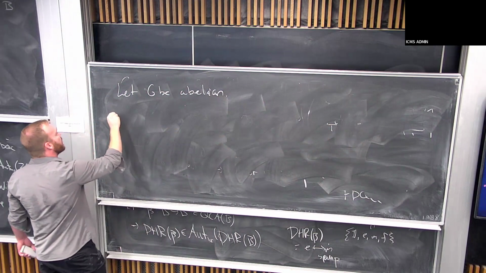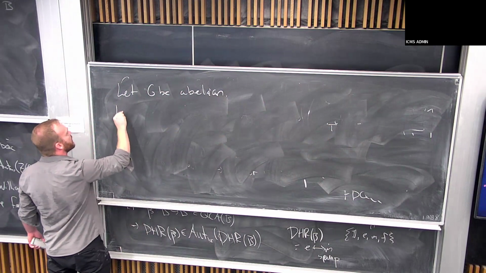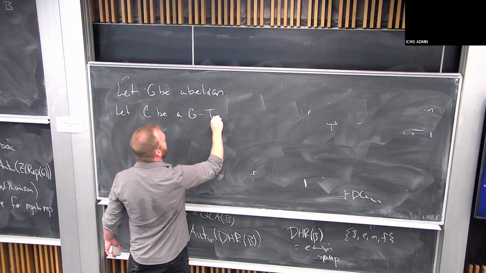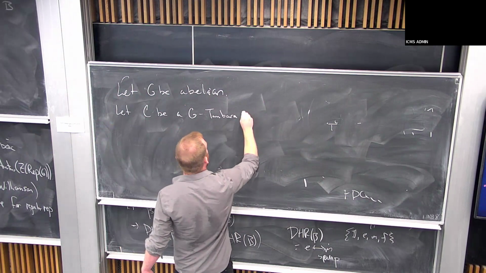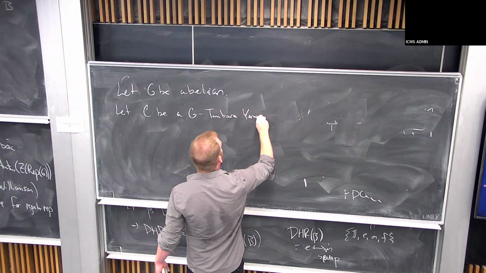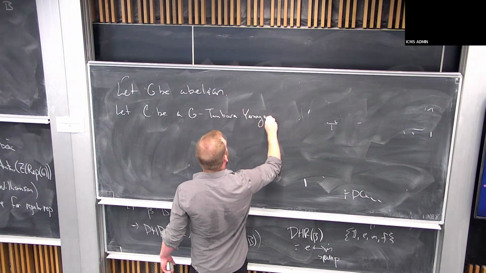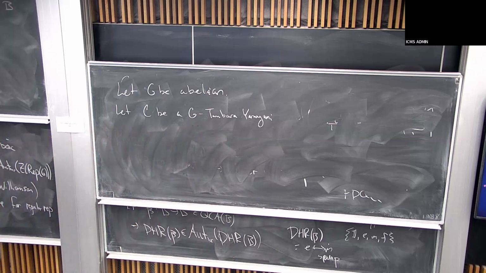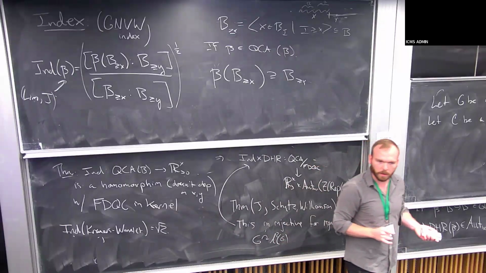And let C be a TY(G) Tambara-Yamagami category. These are classified by non-degenerate symmetric bicharacters on G plus a choice of a sign, but I don't care which one, just pick any one and call it C.